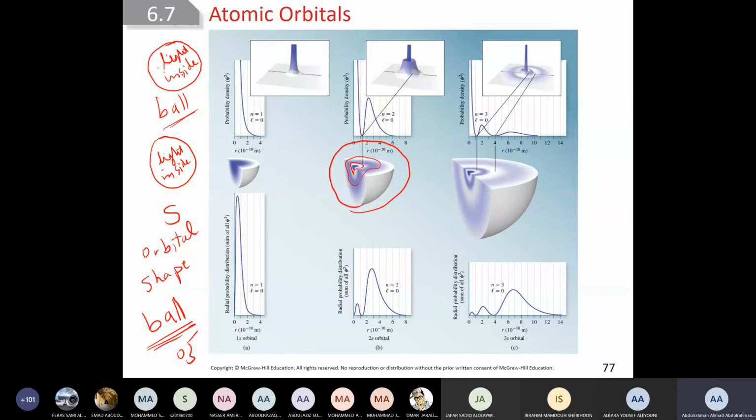If you remember, we call these nodes, where the value is 0. Is this clear? And this is how we see the s orbital.